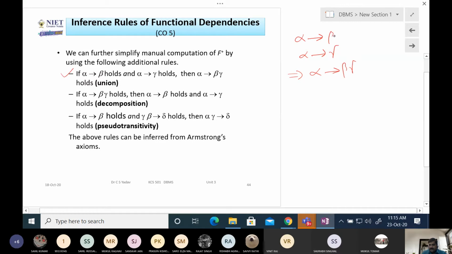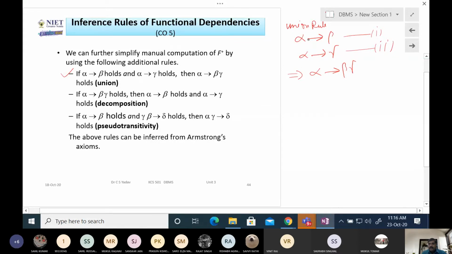That's why we say that this is the union rule. Now tell me, how will we prove it if these functional dependencies hold on R: alpha determines beta and alpha determines gamma? So let us assume this is equation 1. This is equation 2.